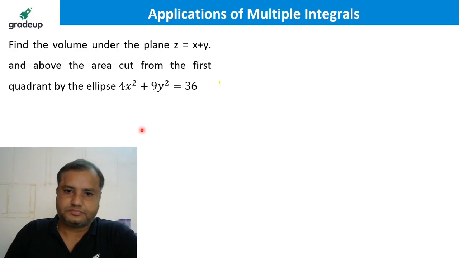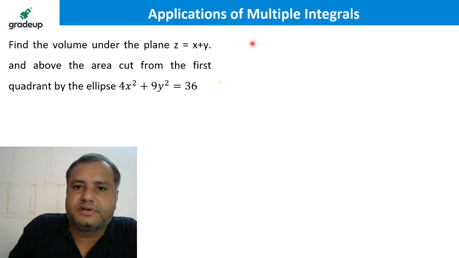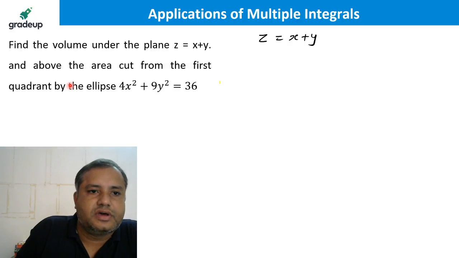See here. In this problem, Z is given by x plus y. Okay, sir. Find the volume under the plane Z equal to x plus y.